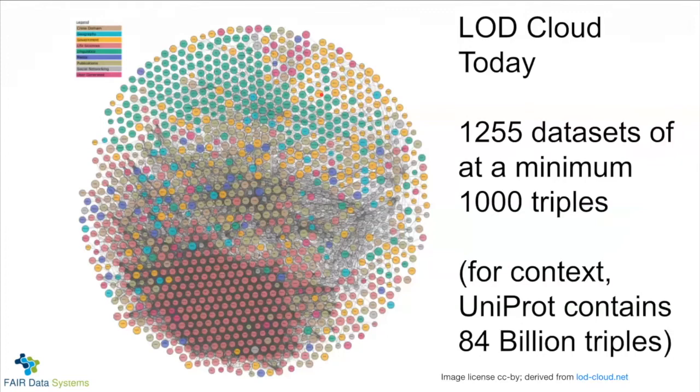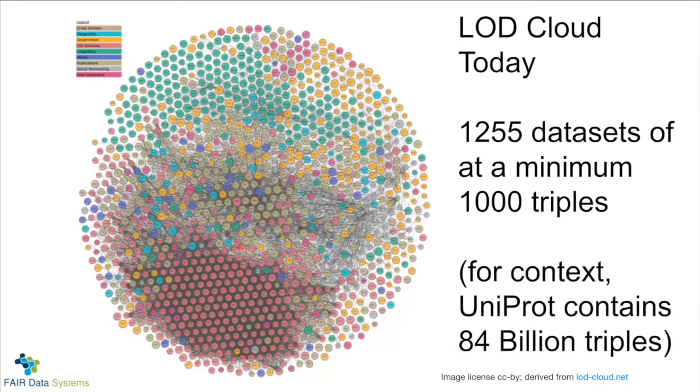And so if we want to get a sense of how much information is available, as it's called linked open data, there's 1,255 data sets that have been recorded by this project called LOD Cloud, a minimum of 1,000 triples each. Somewhere in here is UniProt, the protein database, which contains 84 billion triples.